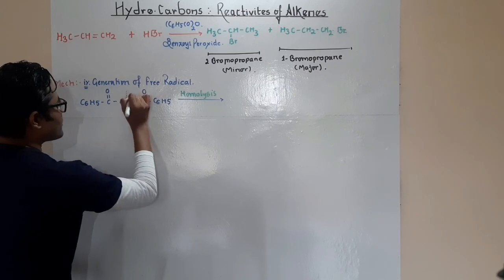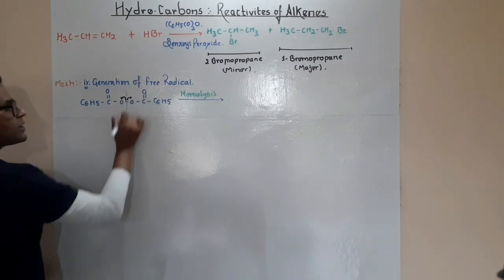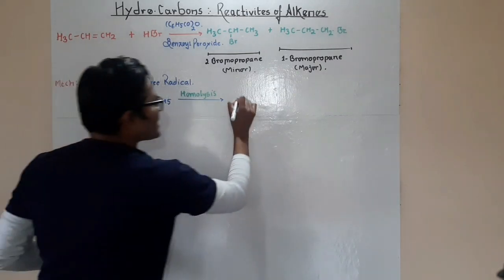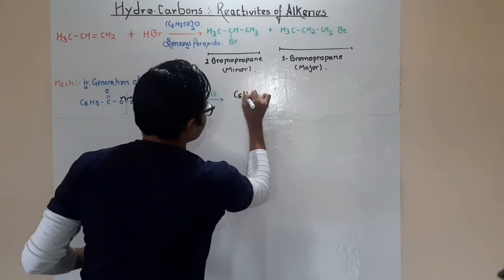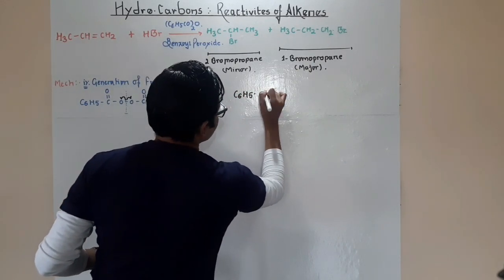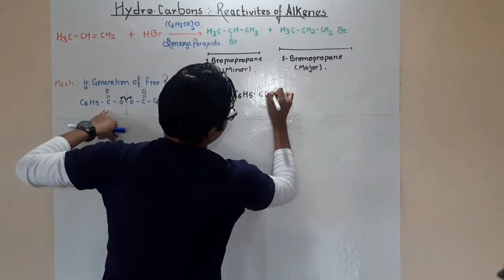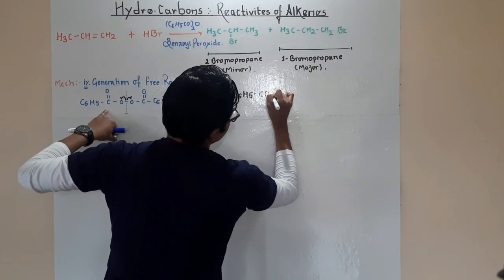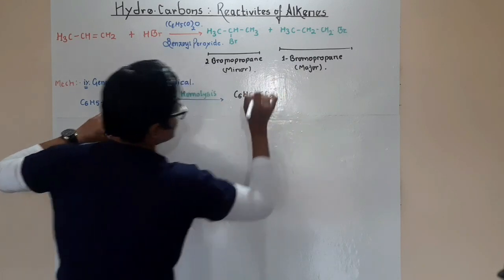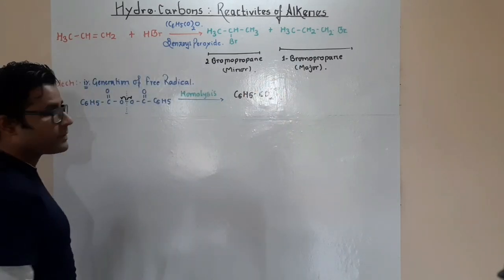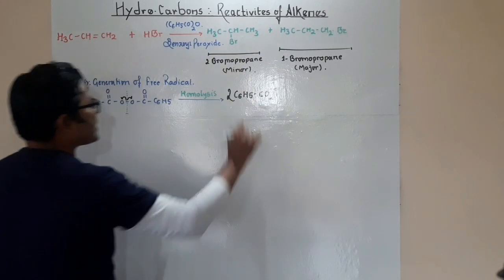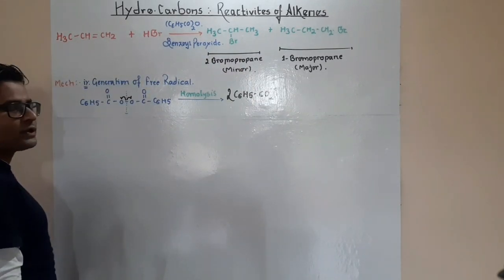So we are going to get C6H5CO2 with a dot, and here we are going to have 2 of those molecules.